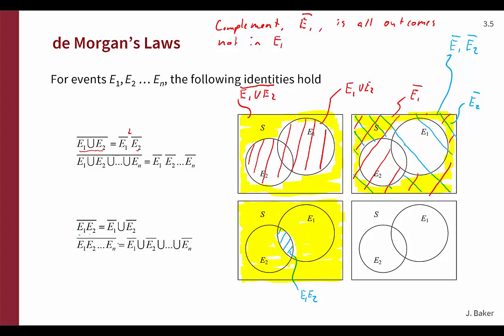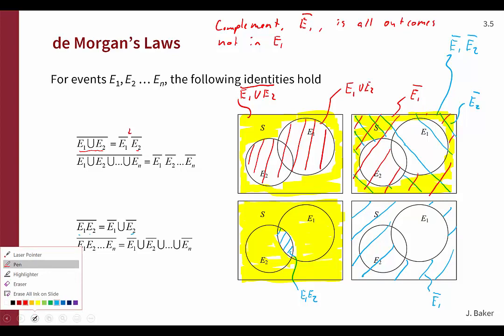Okay, and then on the right-hand side, let's try this one. We'll take the complement of E1, so everything that's not in E1. Then we'll take the complement of E2, everything that's not in E2.